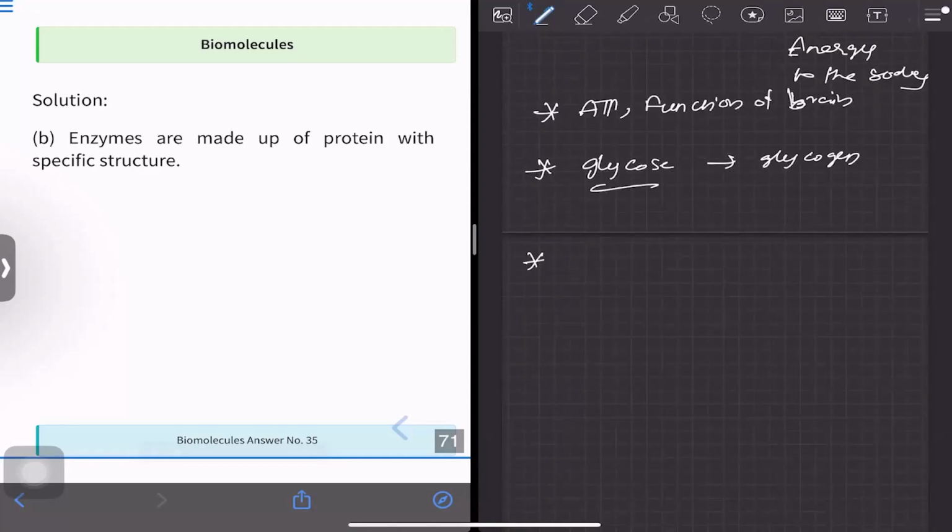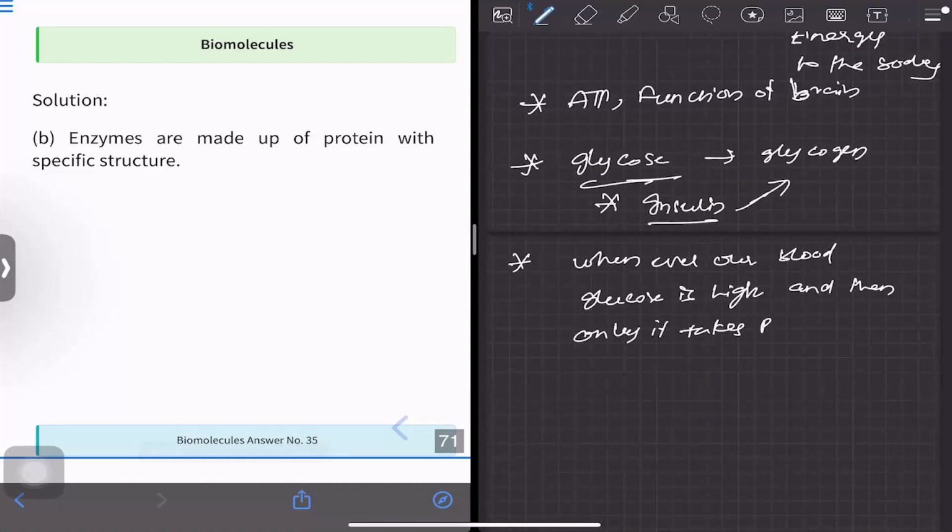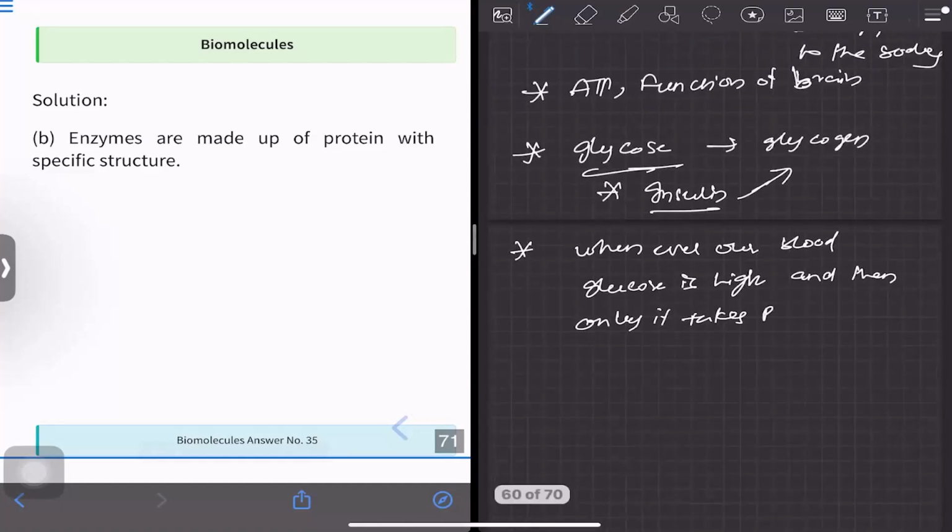It takes place whenever our blood glucose is high. Whenever our blood glucose is high, the hormone insulin acts and converts glucose into glycogen. It only takes place whenever blood glucose is high.